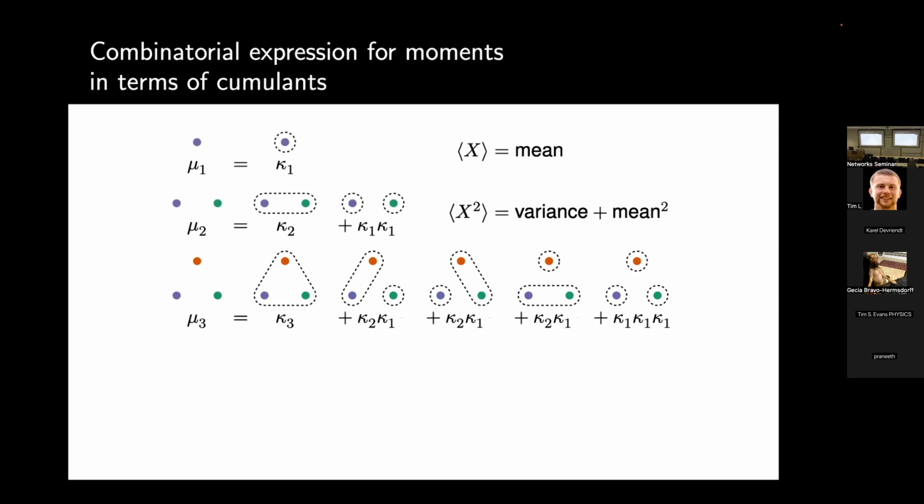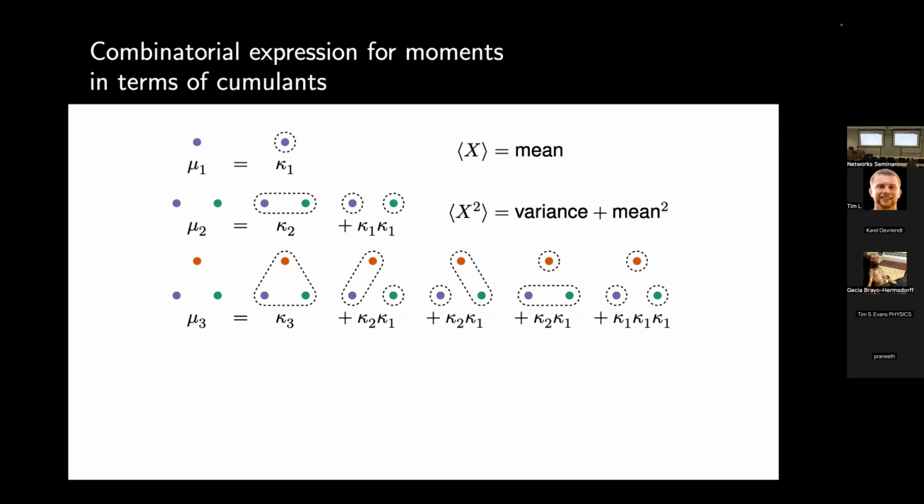Okay, and now we just apply the formula. So the first one corresponds to the mean, which is the first moment and also the first cumulant. For the second one, the second moment equals variance plus mean squared.